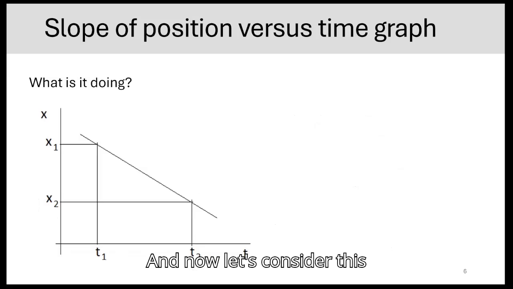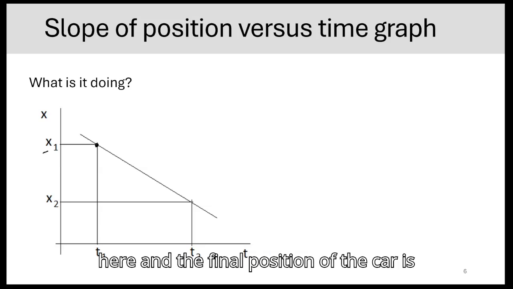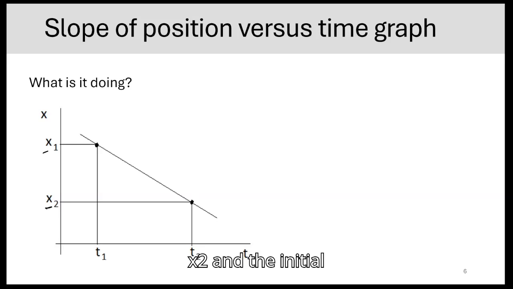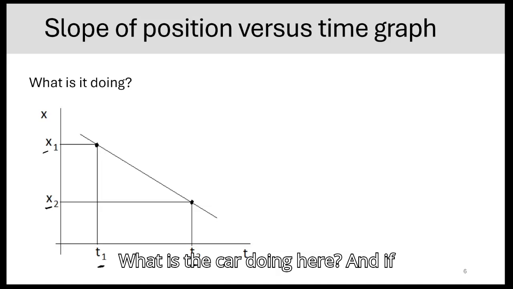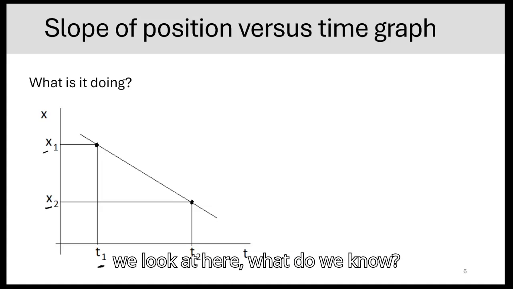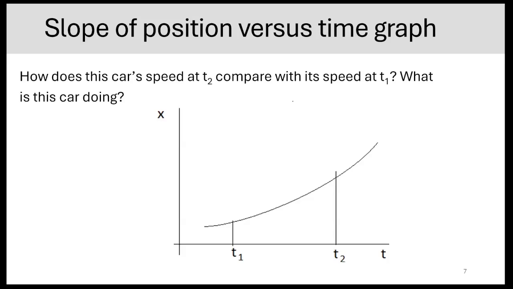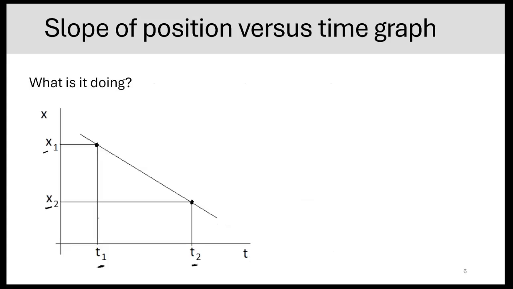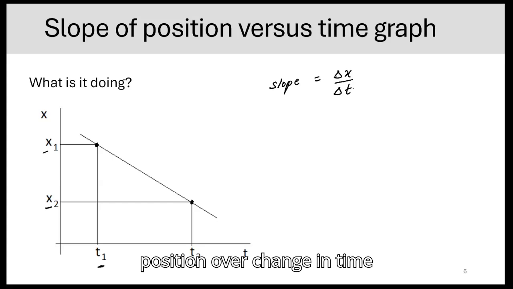And now let's consider this graph where the initial position is x1 and the final position of the car is x2, and the initial time is t1 and the final time is t2. What is the car doing here? Slope is equal to change in position over change in time.